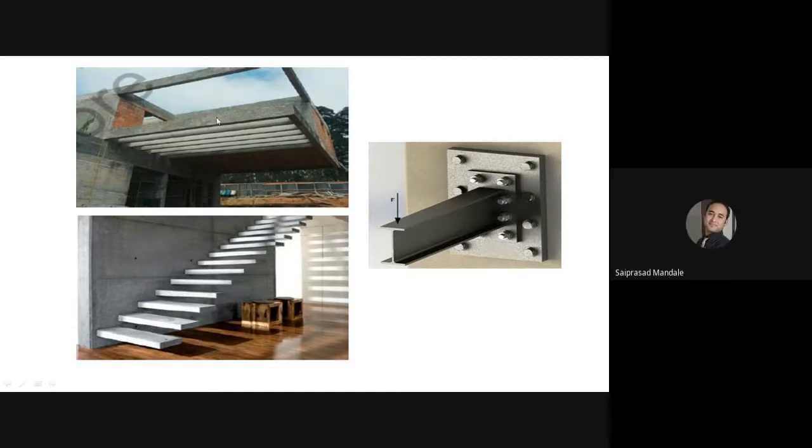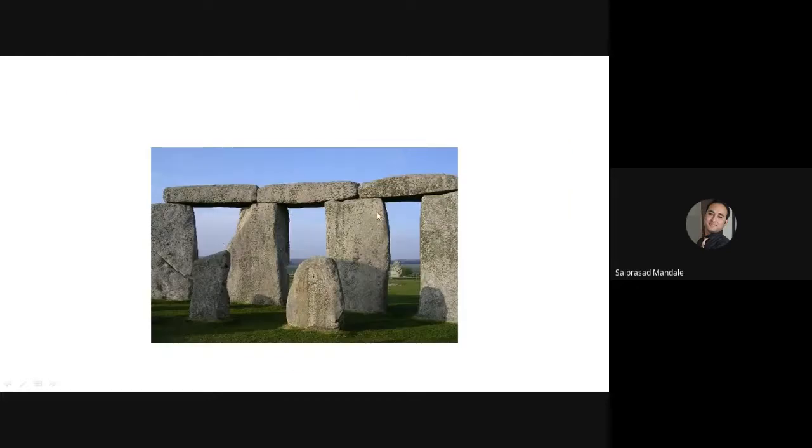One end is fixed and one is free. Which type of beam is this? Continuous beam, with supports 1, 2, 3, 4. If I focus on the first section, which type of beam is this? Simply supported. Perfectly correct. Very good.